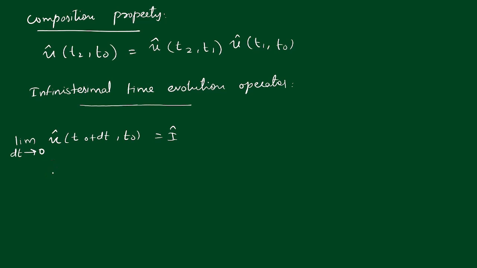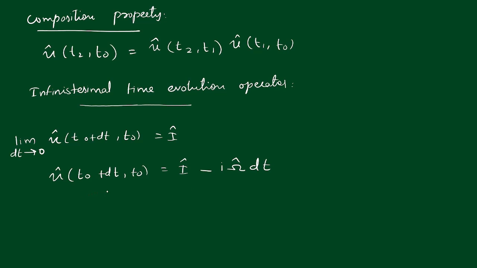So from this we said that the infinitesimal time evolution operator should differ from this unit operator only infinitesimally, all right, only infinitesimally, all right. So we choose dt so small that only first order quantities matter, and we write it in this form, all right.